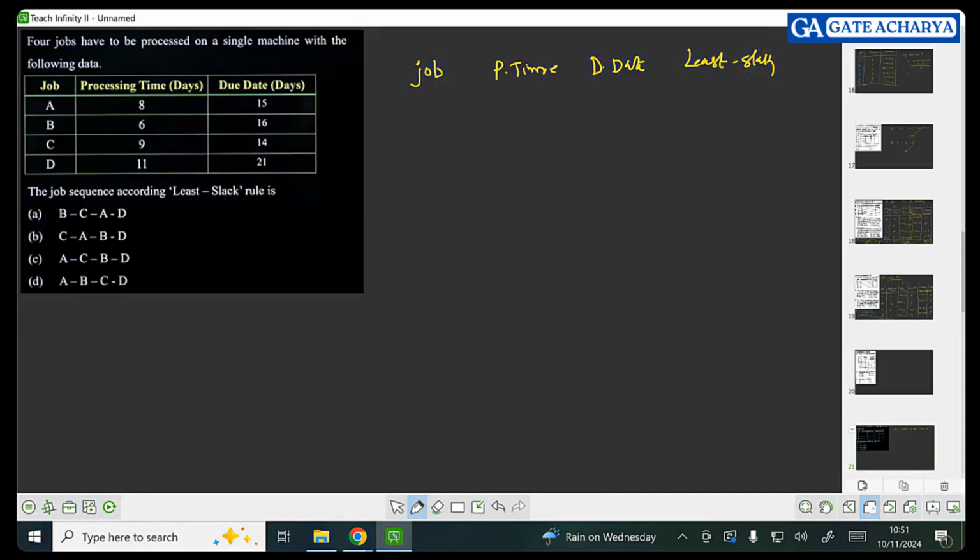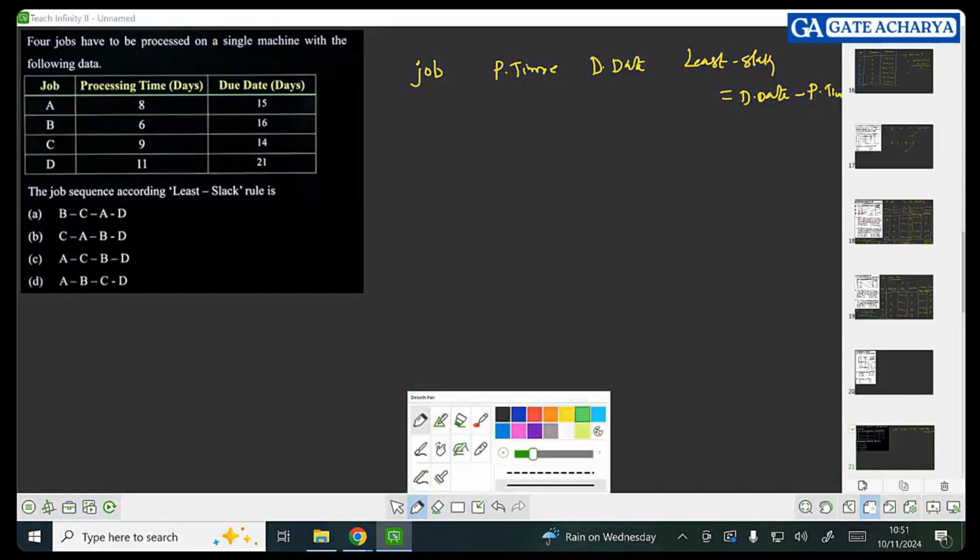Least slack is equal to... processing time minus due date? Is it okay? No, it is due date minus processing time. Due date minus processing time. Due date minus processing time. Clear everybody?